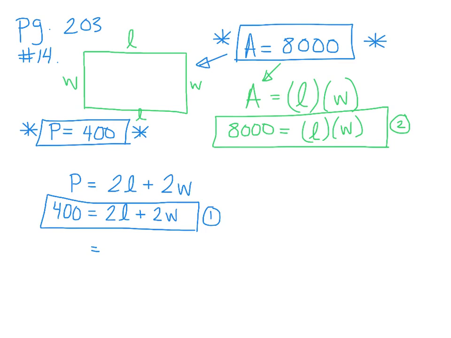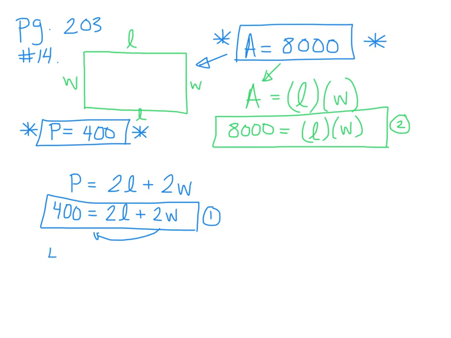It doesn't matter which. And then after I do that, I'll plug it into that formula up there so that I can make a comparison. So I don't know, I'll solve for L because it comes before W in the alphabet. So if I leave the 400 on this side and I bring the 2W to the other side, I'm going to get negative 2W.